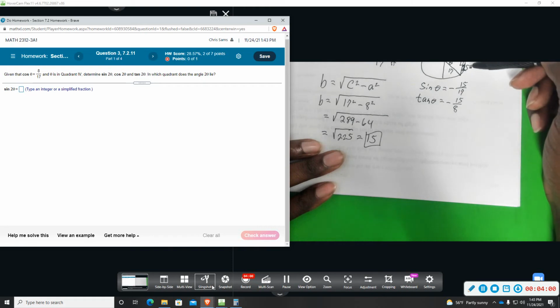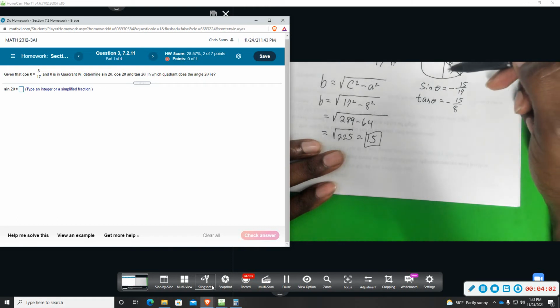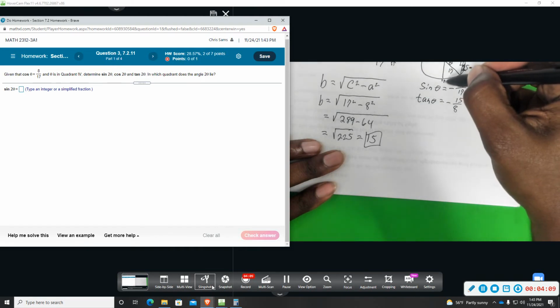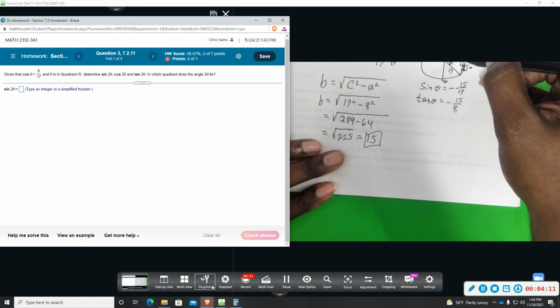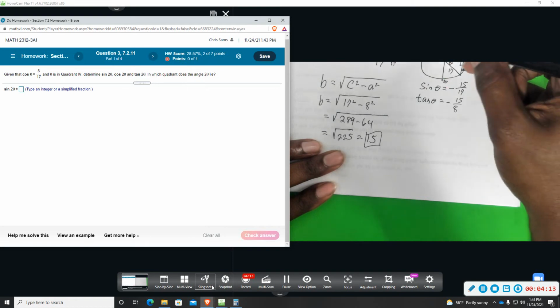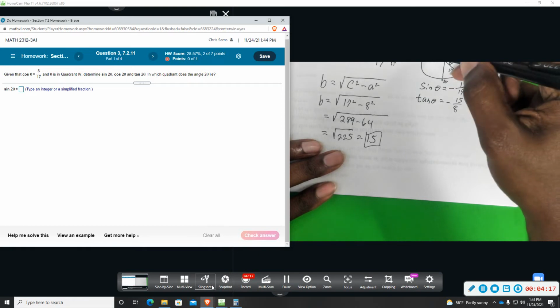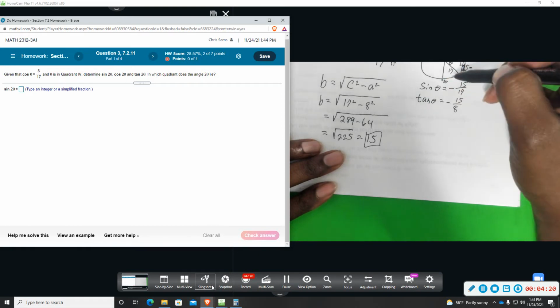And so, just kind of guesstimating, if I were to double, this would be 270. It would be 540. So we go from quadrant 4 to probably over here in quadrant 2. This was 360.